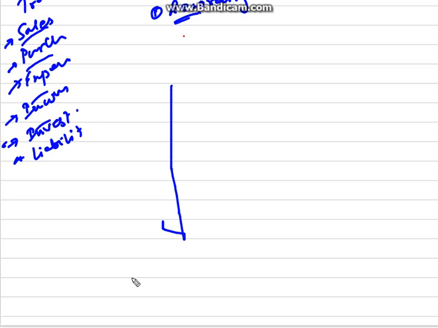Recording of what? First, the recording of transactions will be done. All the entries which the firm makes have to be recorded properly.